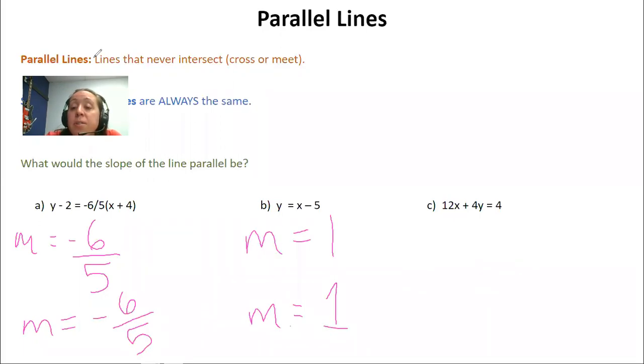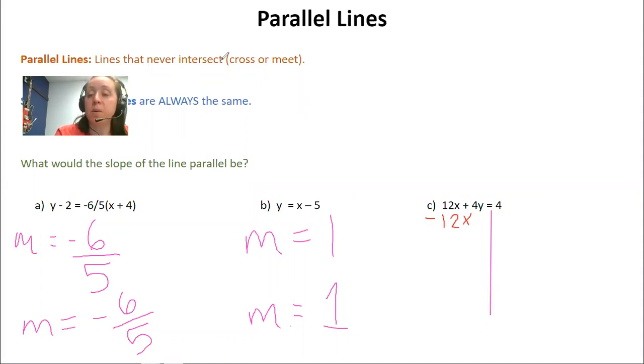So what would I do first to start getting that y by itself? Move the 12x. Yeah, how do I move that positive 12x away from the left side and put it on the right side? I'm going to subtract 12x.